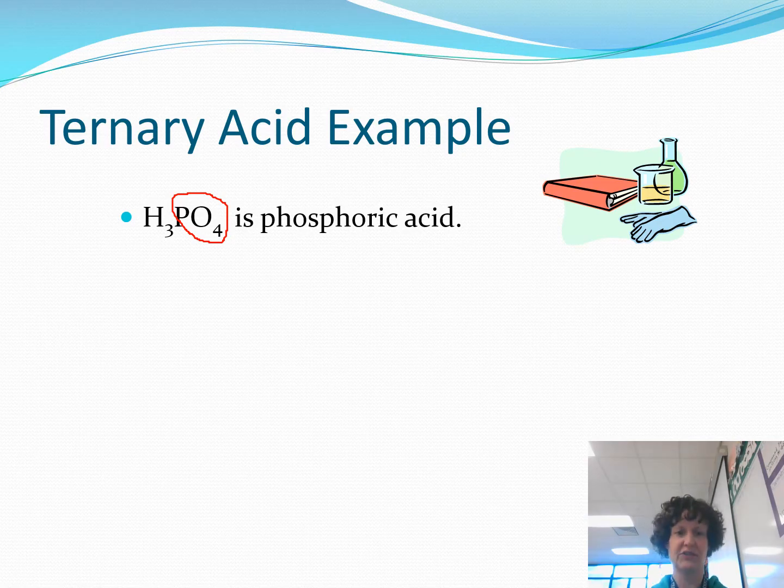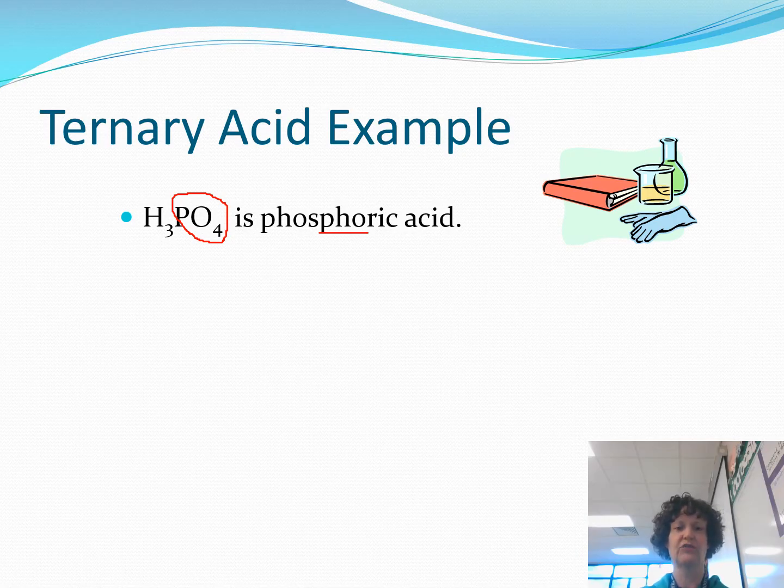That's right, it's phosphate. So phosphate is a polyatomic ion that ends in ate. So we change phosphate to phosphoric acid. Now, here's one of those cases that I would say is a little tricky because there's no four in phosphate, but phosphoric acid I think is hard to say, and it just never caught on.